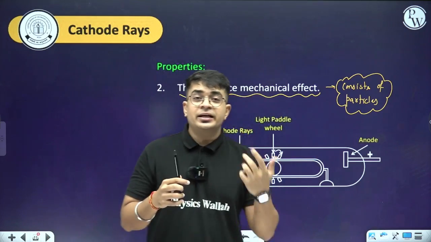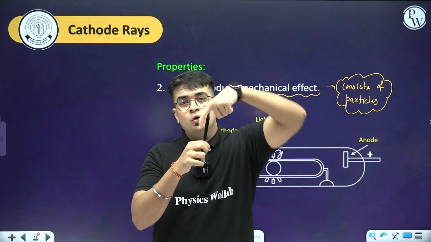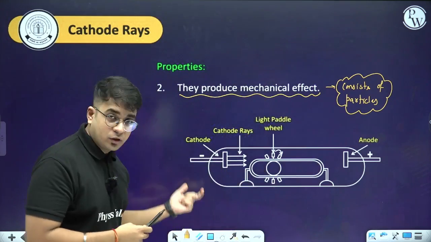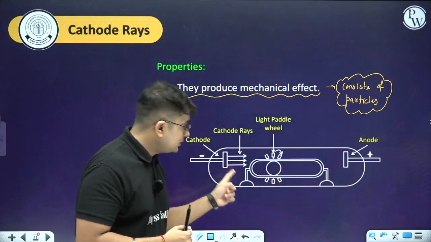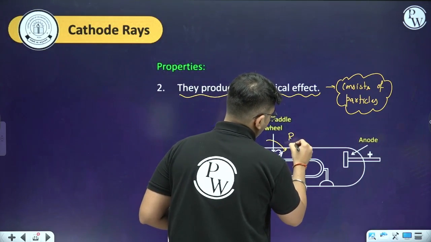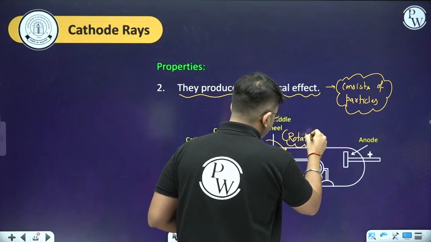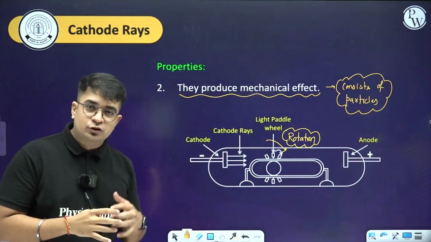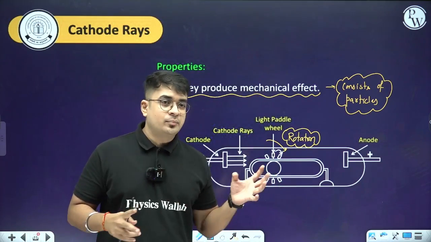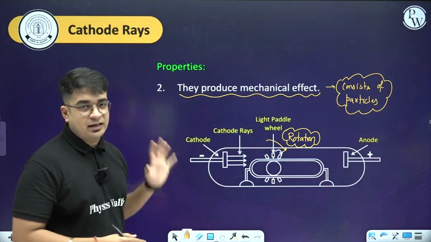If something is of wave nature, it can pass through to the other side and will not affect the paddle wheel. But these cathode rays show the mechanical effect: the paddle wheel starts rotating. That shows they consist of particles which have a small amount of mass. I'm not saying the mass is very large, but it has some mass. I hope this second part is clear.